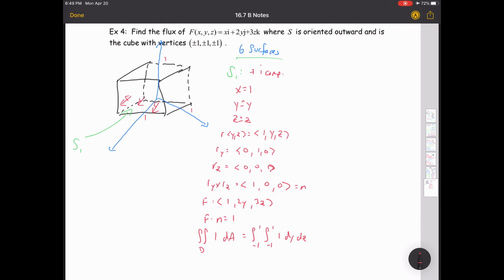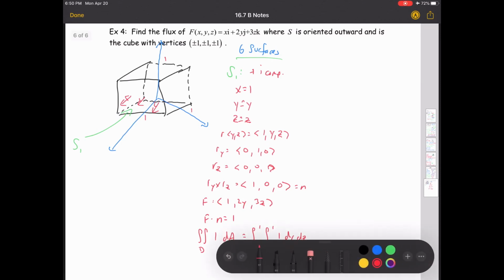Well, the integral from -1 to 1 of dy and the integral from -1 to 1 of dz are both just 2. So here we're just going to get 2 times 2, which is 4. So that's the flux coming out of the positive x-axis.